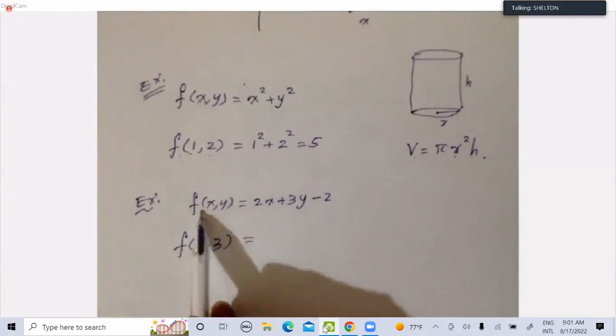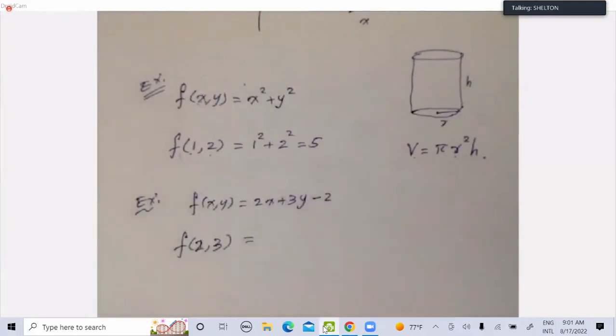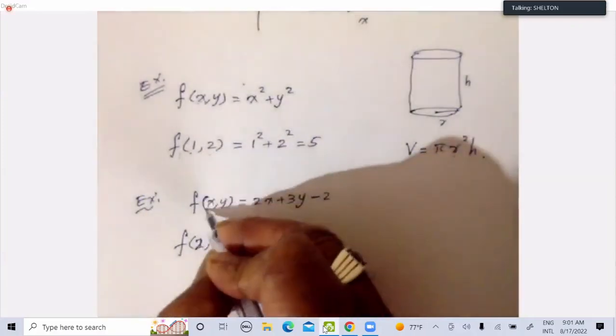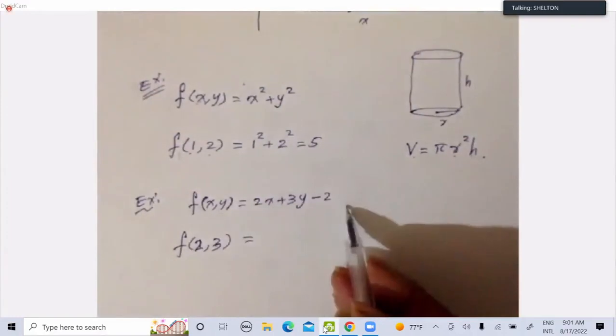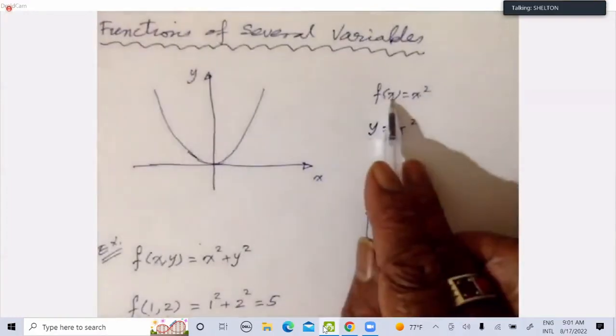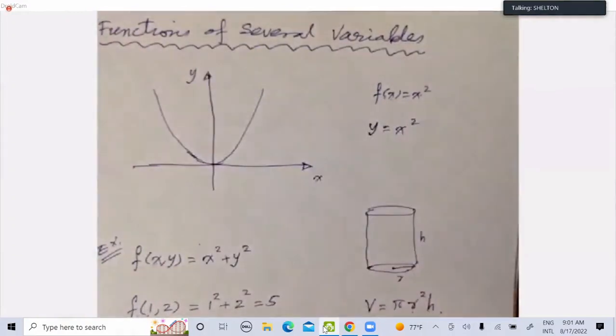A function is a rule that assigns to every member of a set a unique member of another set. Here, x comma y, our input, lies in the xy plane. There is an output. Earlier, the input lies on the x-axis, and the output we sketched on the y-axis, only one input, one real number.